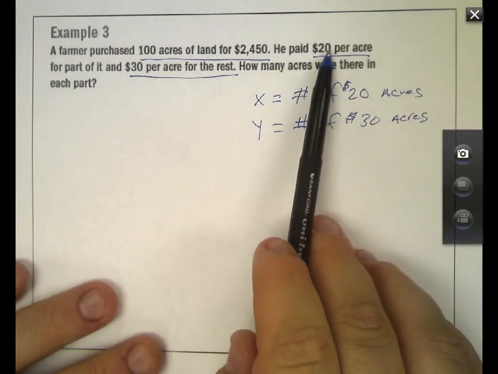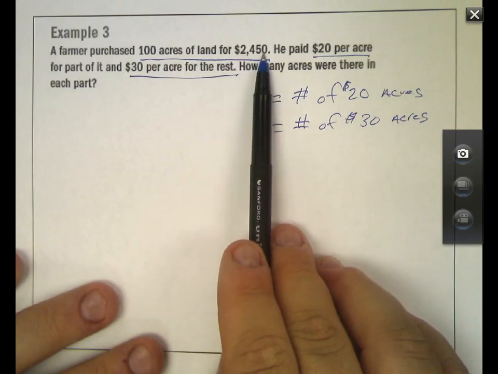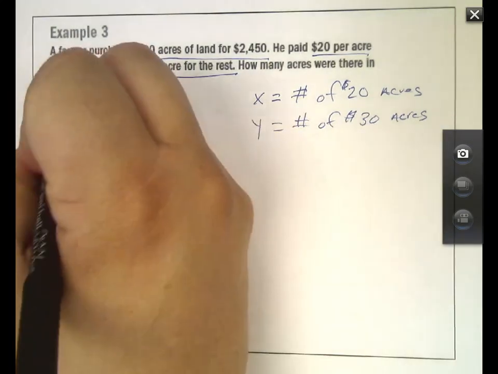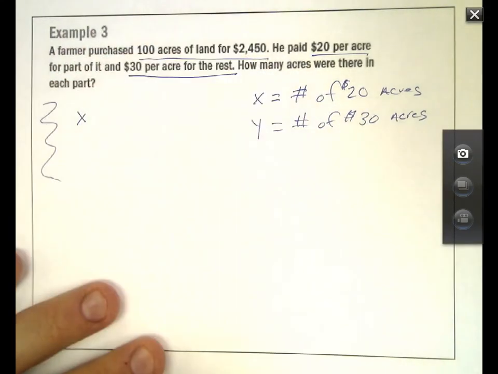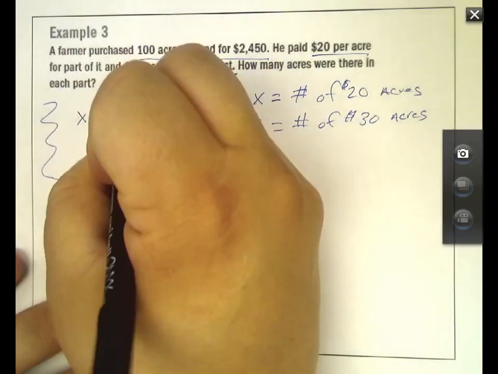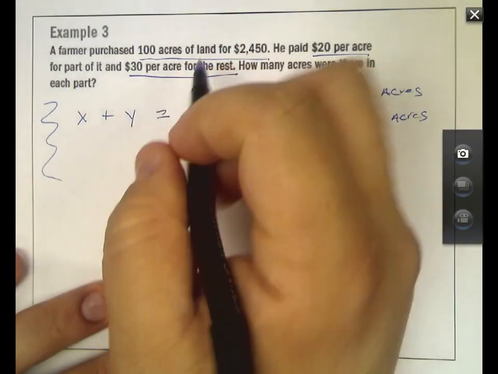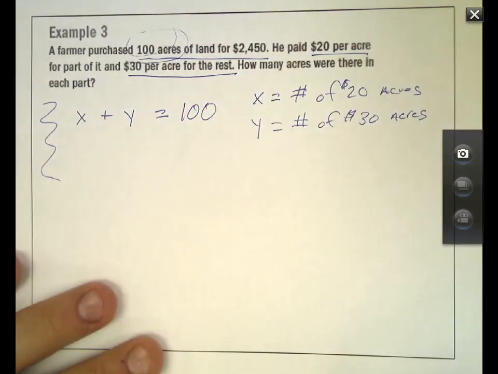So, his $20 and $30 acres added up to being $2,450. Okay? The number of acres added up to be 100. So those are going to be our two equations. Both of these, X, the number of $20 acres, plus the number of $30 acres, equals, how many acres did he buy? 100. Okay?